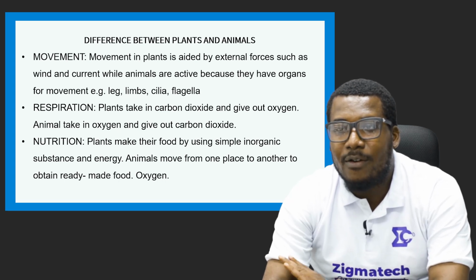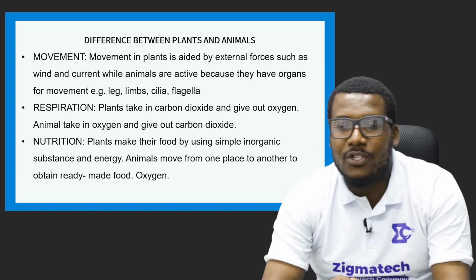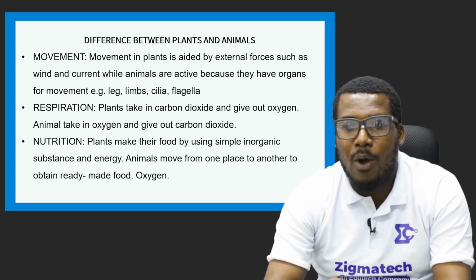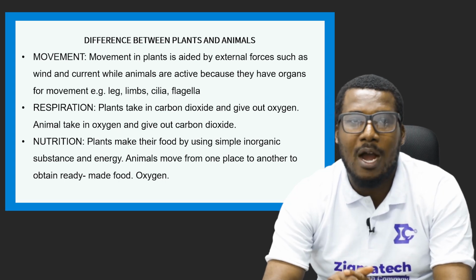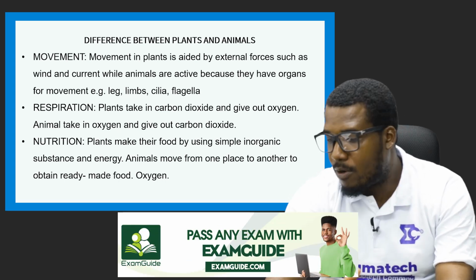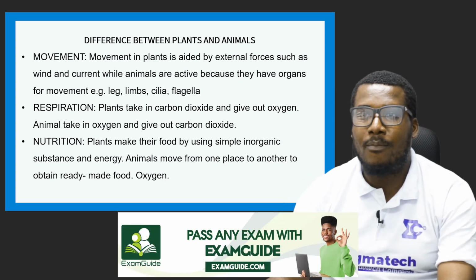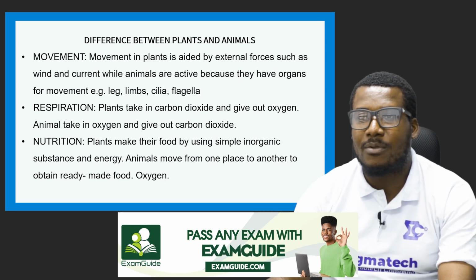While animals move from one place to another to obtain ready-made food and also derive oxygen. So we go around to seek our nutrition, our diet, our daily meal. Animals are always moving around seeking whom or what they can devour, both plants and other animals or other living organisms.